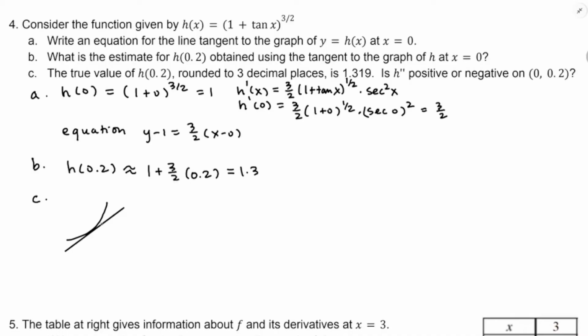Yeah. Regardless of if we're approximating to the left or to the right of the tangency point. All right, so I'm going to say h double prime is going to be positive. Because the linear approximation was an underestimate.